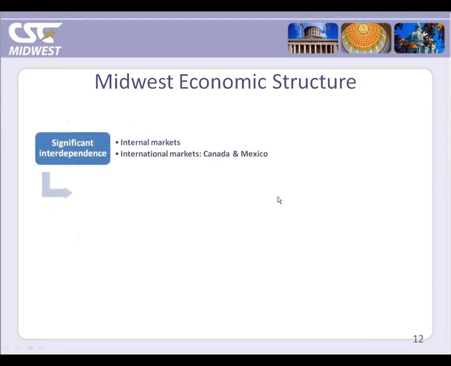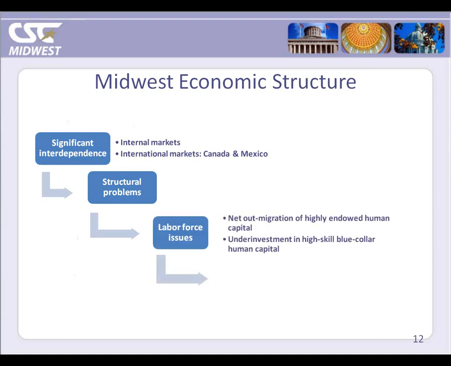So if we look at the Midwest economic structure, I think there are a couple of things that we can highlight. One is we have significant interdependence in terms of the internal markets, that's the interstate trade. We will see that we share enormous dependence in our international markets with a concentration on Canada and Mexico. We notice that we have very similar structural problems.